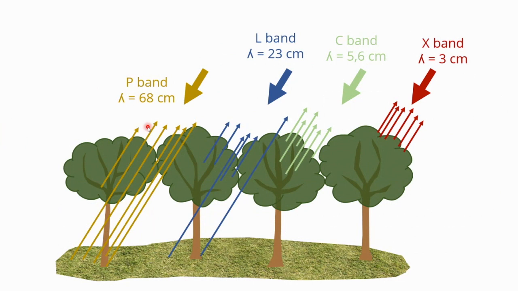So, for example, if you want to get some information on soil, we don't care if it's covered by vegetation or not. Using, for example, L or P band, we can go through the vegetation and get the data on the soil. So that might be useful as well.